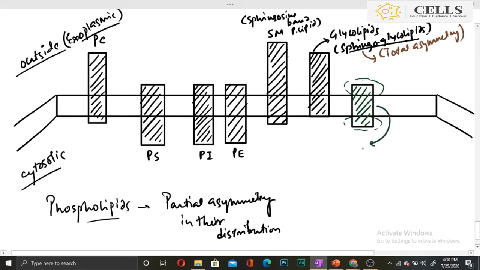This is nothing but cholesterol, and it is very, very important. Cholesterol shows symmetrical distribution.